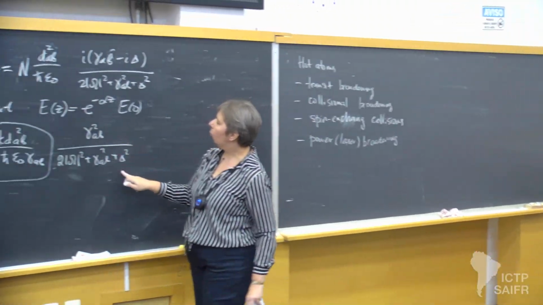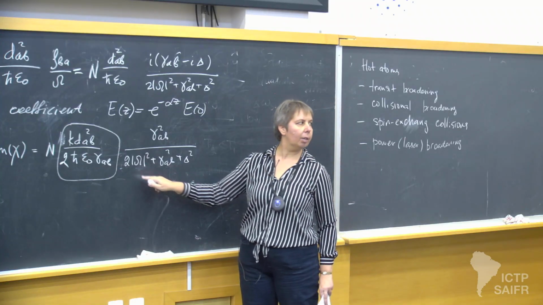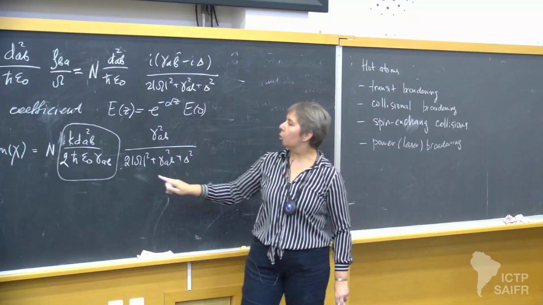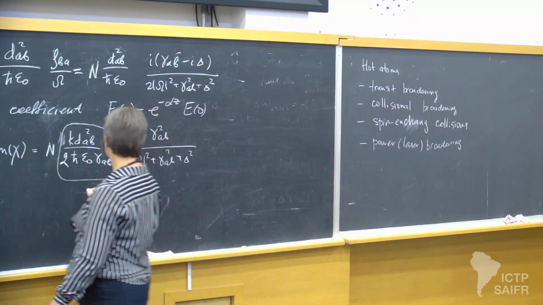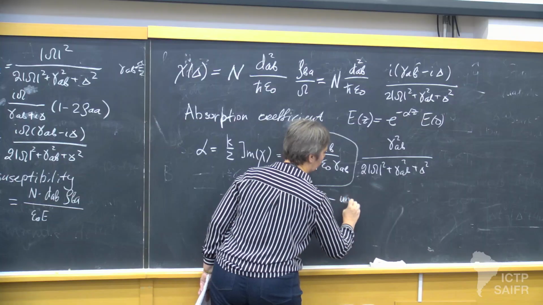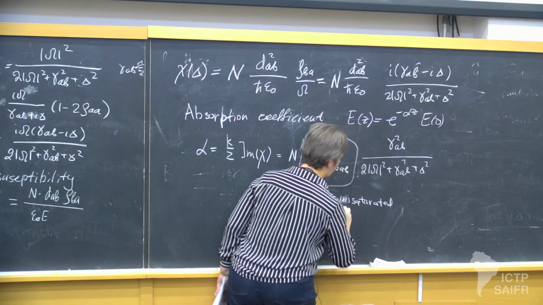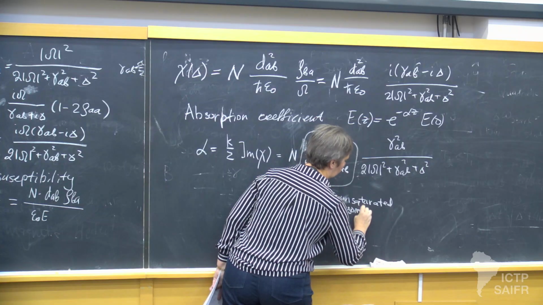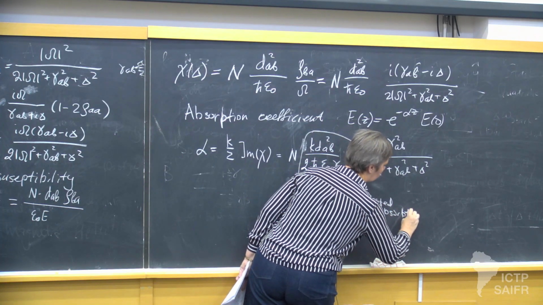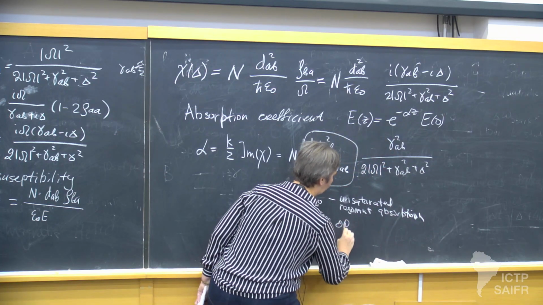Moreover, if you look carefully, if I have no detuning and a very weak field, this whole fraction becomes 1. So that means that this corresponds to the unsaturated resonant absorption of an atom.